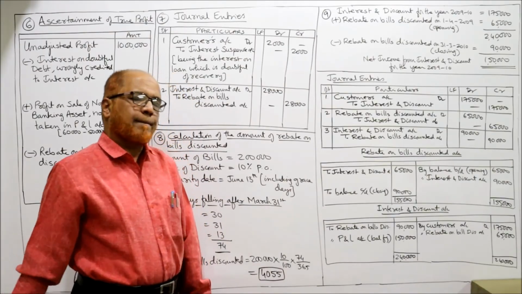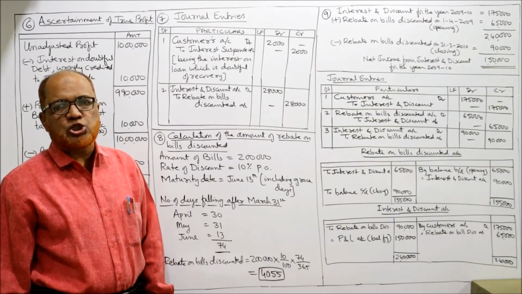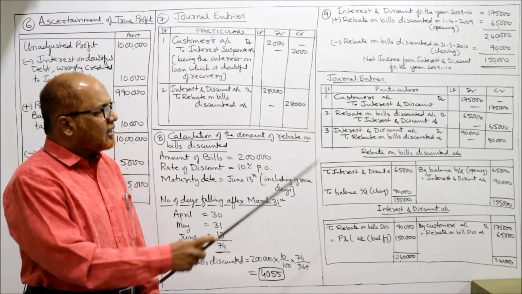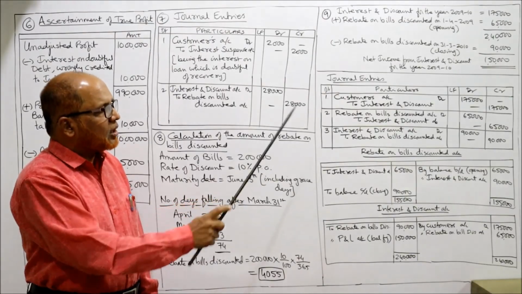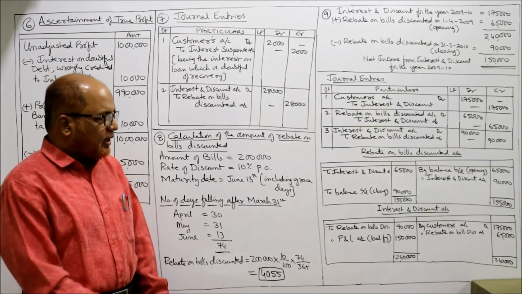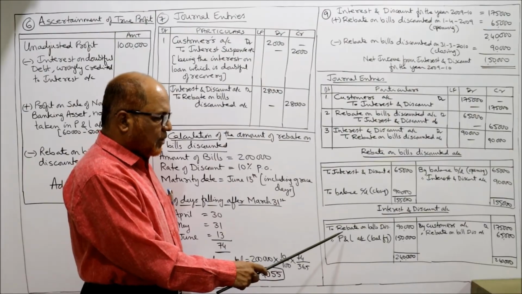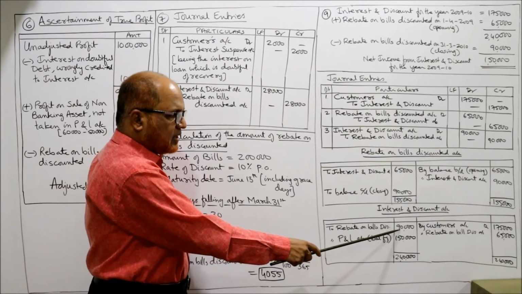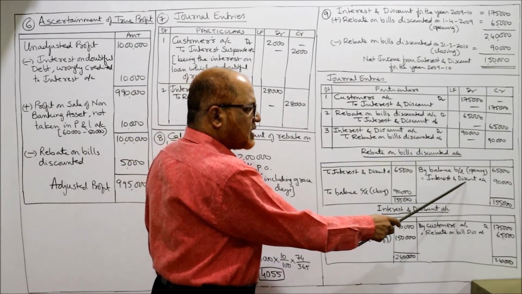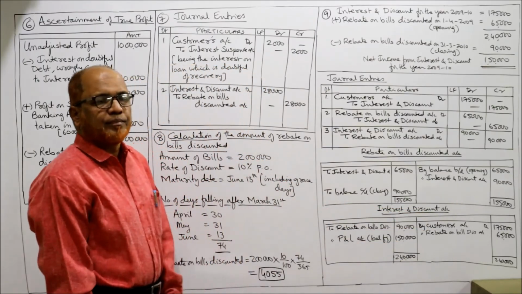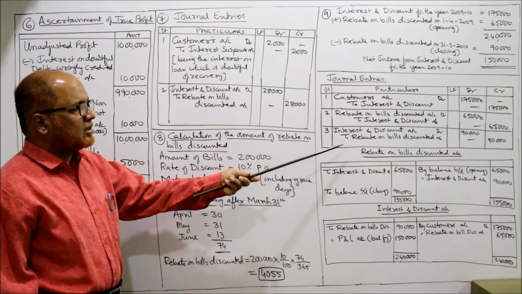Second entry posted. Now third entry. इंटरेस्ट एंड डिस्काउंट अकाउंट डेबिट टू रिबेट ऑन बिल्स डिस्काउंटेड. तो इंटरेस्ट एंड डिस्काउंट को डेबिट करेंगे to rebate on bills discounted 90,000. Here by interest and discount 90,000.